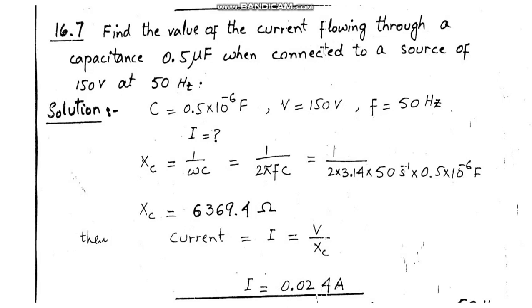Now current I is equal to V over Xc. V has value 150 volt, that's given in the question, dividing by Xc, that has a value 6369.4. After dividing both, we get the answer current I is equal to 0.024 ampere.